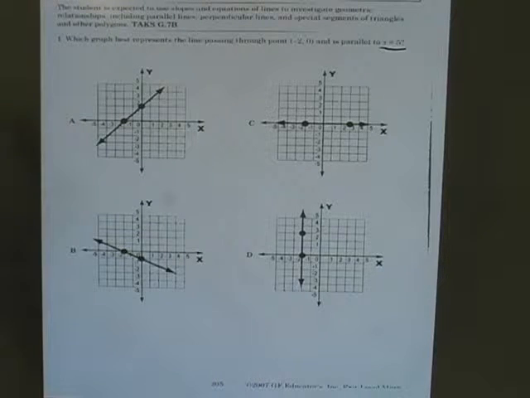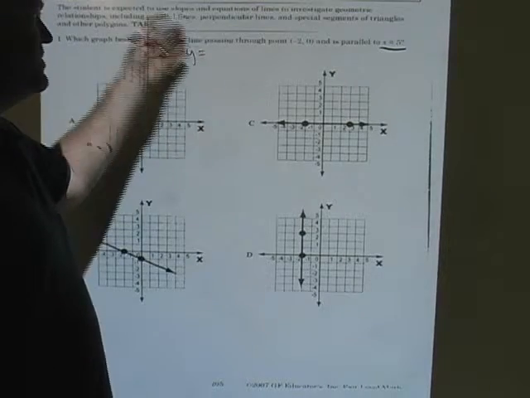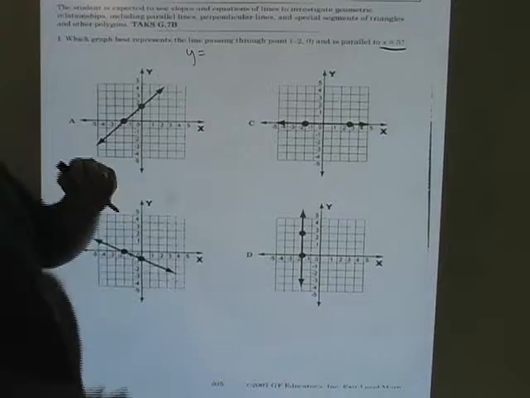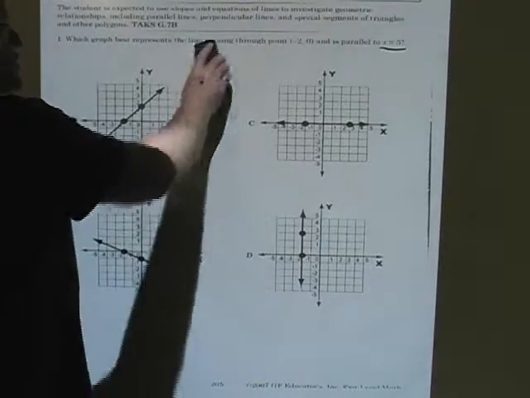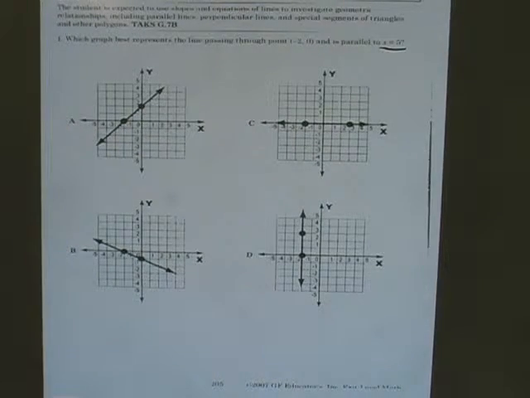Normally when we do these lines we have y equals something, and it's something you can plug into your calculator at the y equals button. But when it says x equals something, there's nothing you can plug into your calculator with that. You just have to understand what this line means when it says x equals 5.